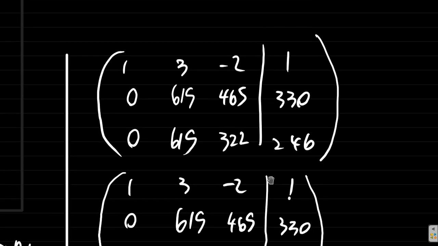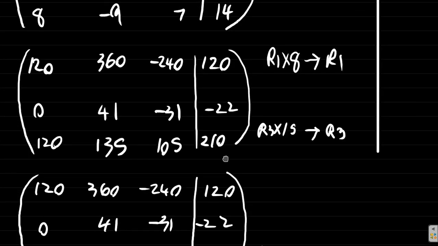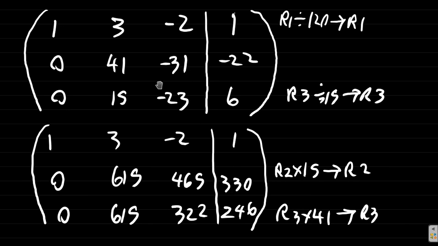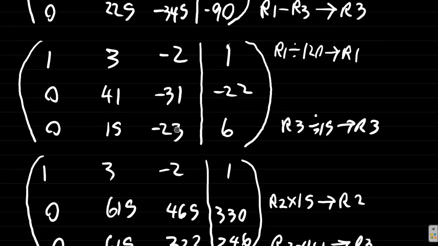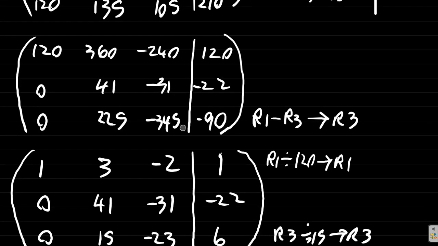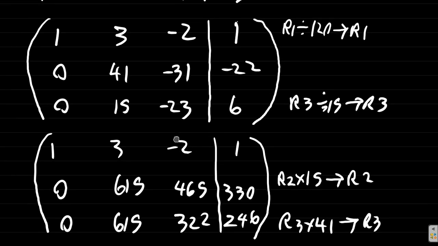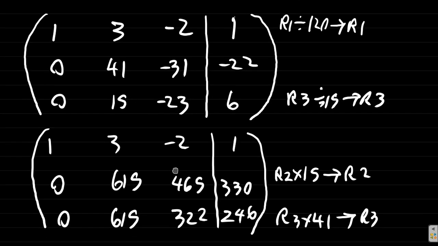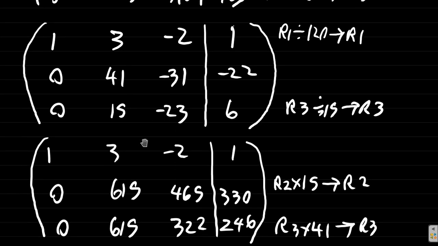Hold on. Why did I put this? Just want to make sure about something here. We've multiplied this by 41. These are negatives, you know. Alright. Just to make sure about something, if we multiply row 2 by 15, right? 41 times 15, get 615.